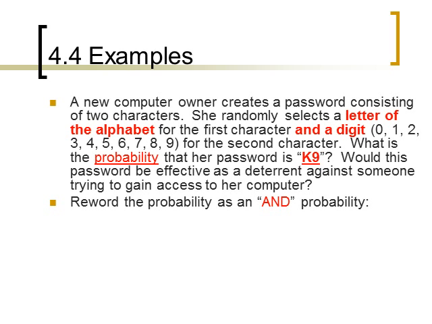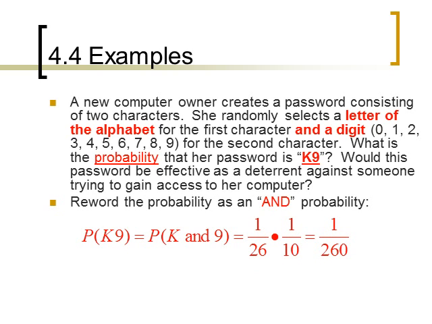Reword the probability as an AND probability. So even though we're looking at the probability that her password is K9, here's how we could reword it. We're solving for the probability that she selects the letter K and the number 9 at the same time. It's definitely not an OR situation because we want both of these together.